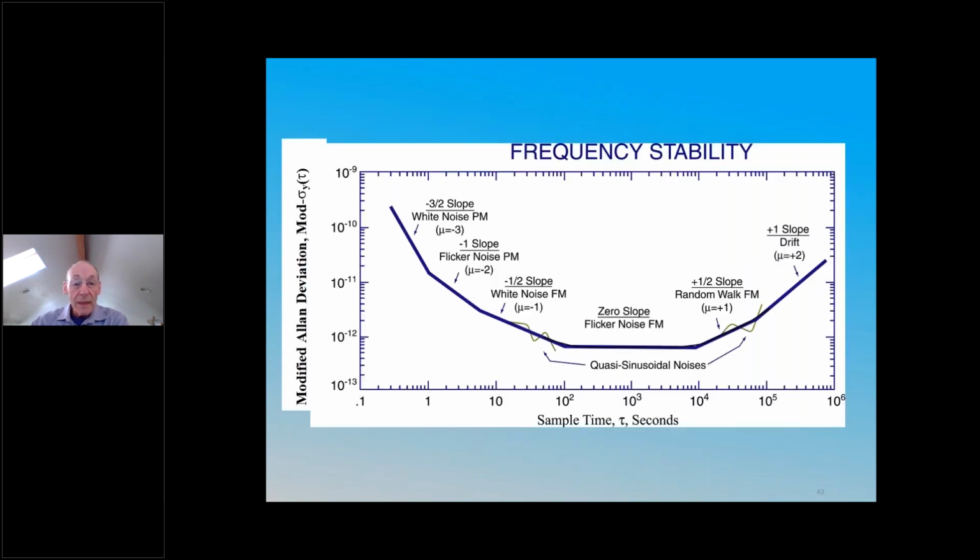And now what happens on a deviation plot is that white phase noise drops as -3/2, flicker phase noise drops as -1, white frequency noise or random walk in phase drops as -1/2, flicker frequency noise is flat, random walk frequency is +1/2, and the linear frequency drift is +1.